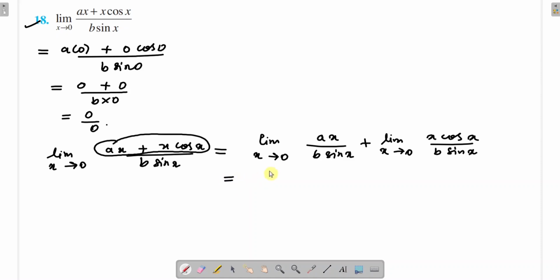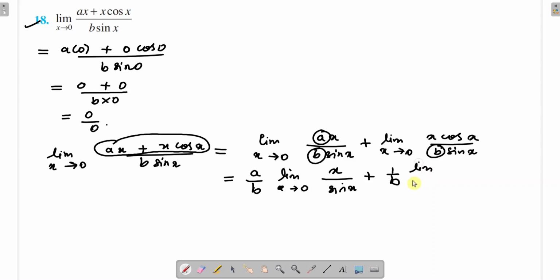So this will be equal to, now a and b will be out, right? They are constant, a by b is a constant, so it will come out. Limit x tends to 0 of x divided by sin x plus 1 by b will come out here, right? Limit x tends to 0 of x cos x divided by sin x.